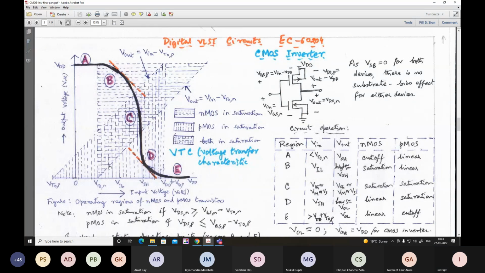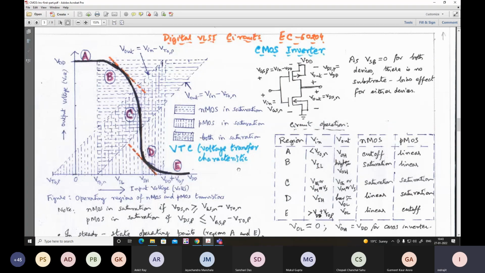The equation of the straight line situated towards the right describes the operation of the NMOS transistor, and we write it like this: Vout equals Vin minus VTON. Vout is nothing but the drain-to-source voltage of the NMOS transistor, and Vin is the gate-to-source voltage of the NMOS transistor. So VDS equals VGS minus VTON. Whenever VDS exceeds VGS minus VTON, the NMOS transistor goes to saturation.